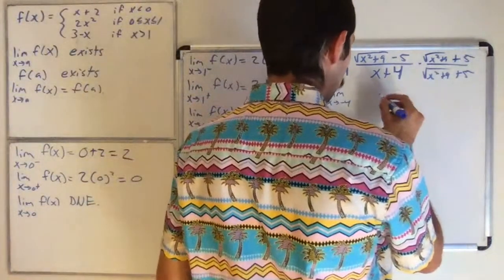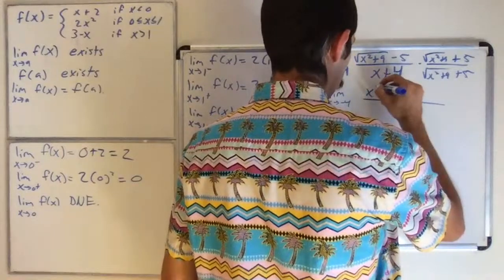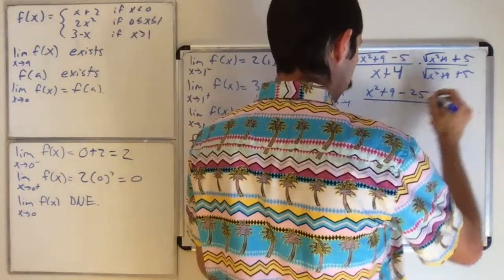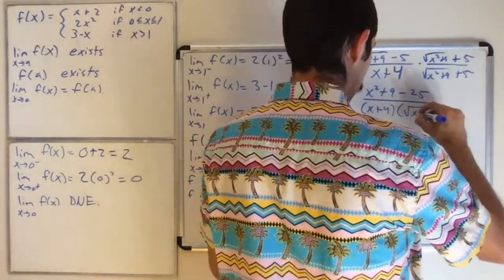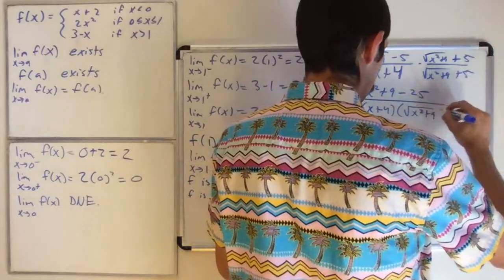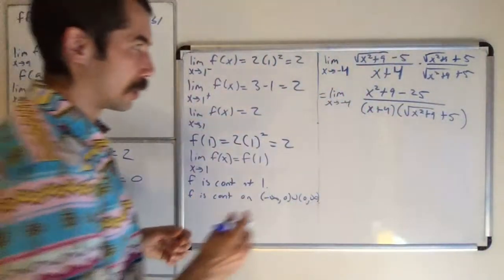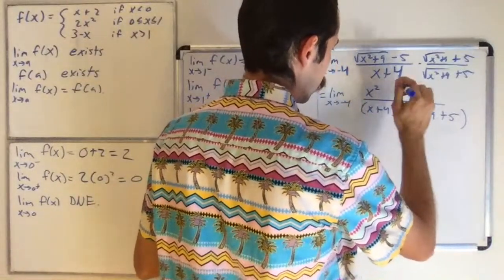So our numerator is x squared plus 9 minus 25. And our denominator is x plus 4 times the square root of x squared plus 9 plus 5. Okay, and I'm just going to write this as x squared minus 16.